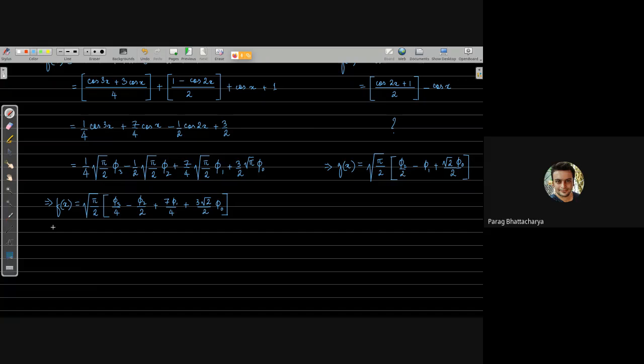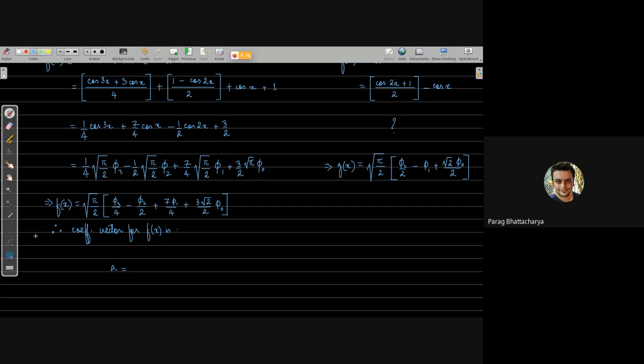So therefore the coefficient vector for f of x, let's call this small a.